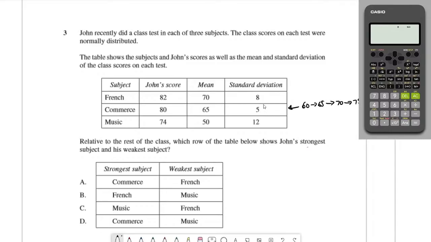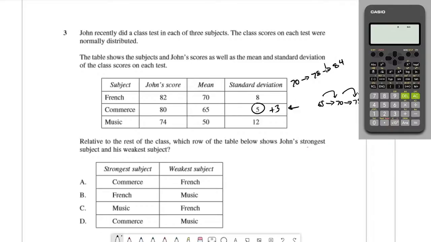By doing jumps of 5, we can see how many standard deviations he is above his class. Well, in fact, we don't start at 60, we start at 65. Anyway, he's 3 standard deviations above, so plus 3 in this case. This one here, 70 to 78, and then 78 to 84.